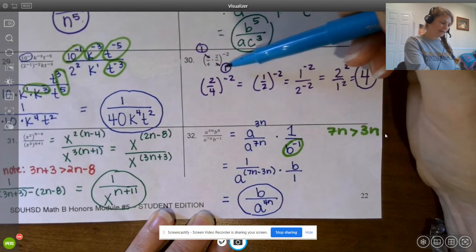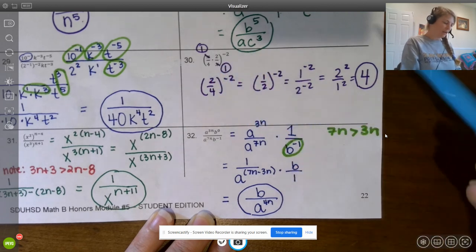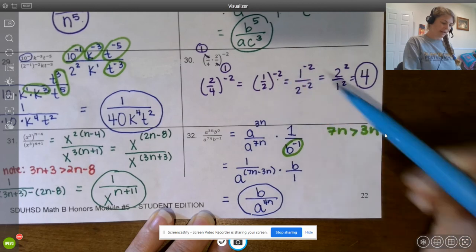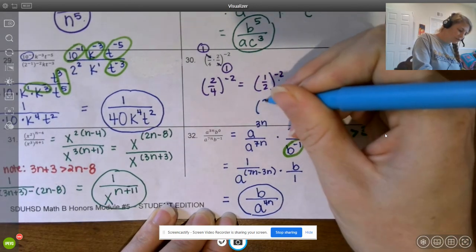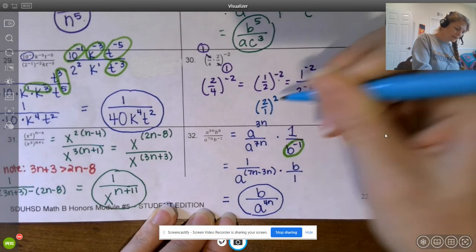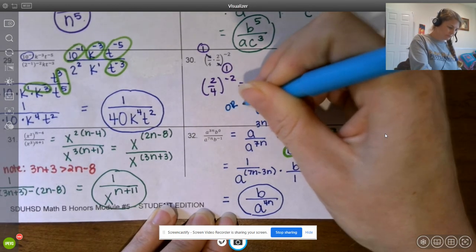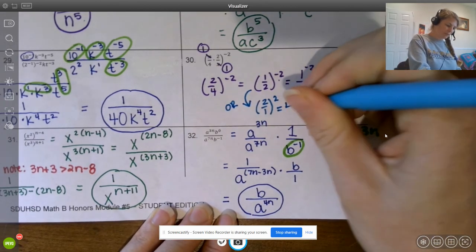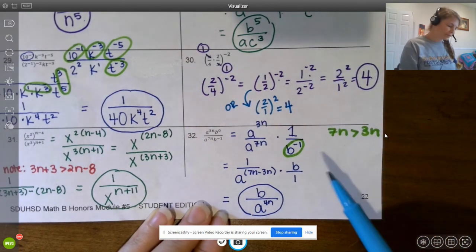X goes into x once and into x once, and you could cross cancel the 2 and the 4 also if you wanted to at that point to get 1/2 to the negative 2nd power, which you could have said is 2 over 1 to the positive 2nd power, right, from here, which we just get 2 to the 2nd power, which is 4. Or we could have gone the long way.